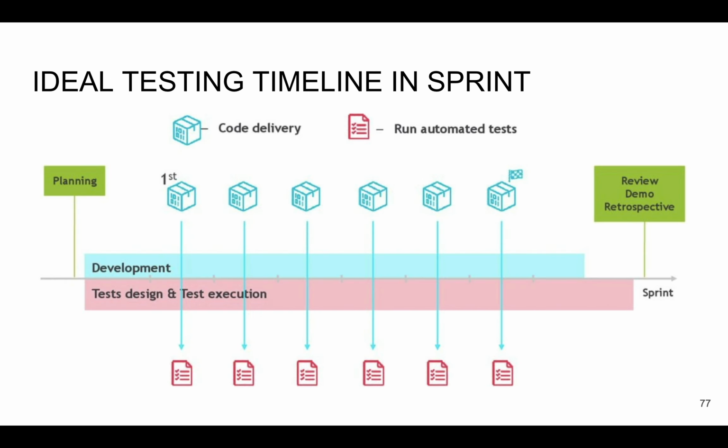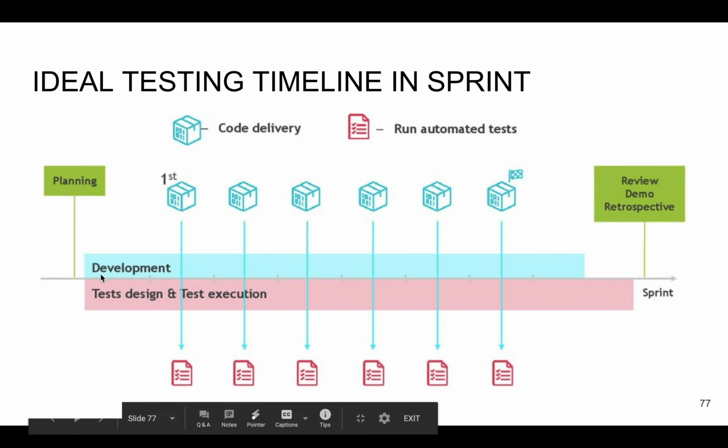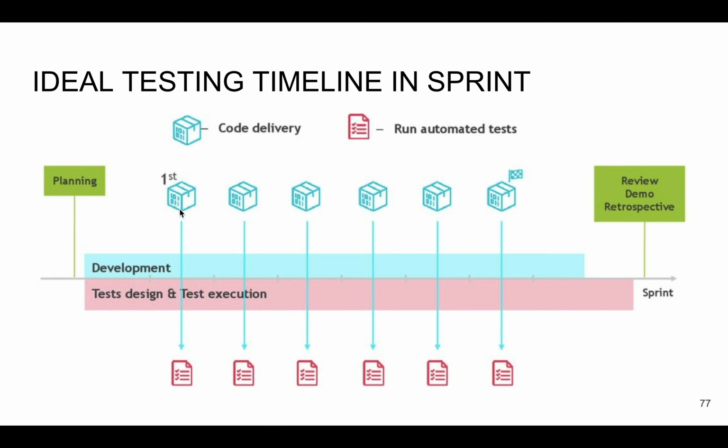How do we test a product during a sprint? Usually after planning we start development, and during development we deliver features, or we close tasks with some functionality. And testing starts at the same time. Testers start their work during development.